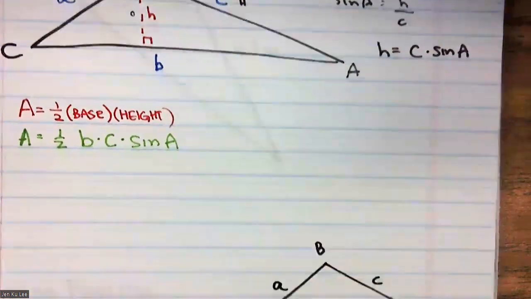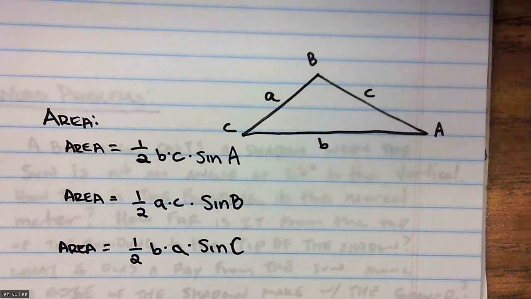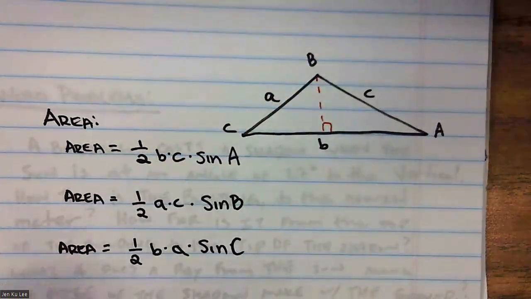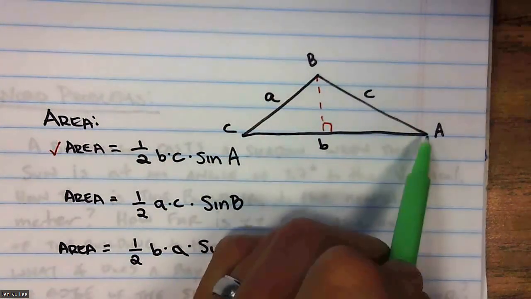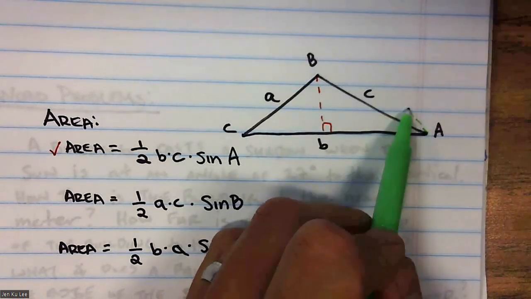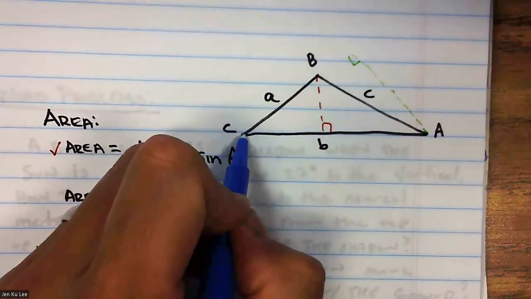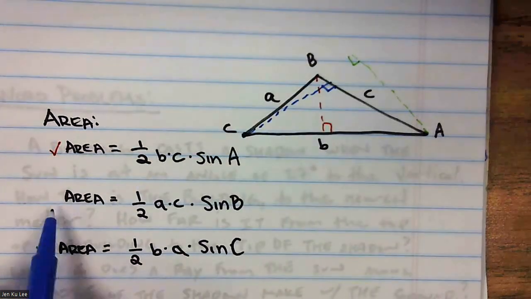So here are the variations of that formula. Okay? So if this was the height here, then this would be my formula. If this was my height here, then this would be my formula. If this was my height here, then this would be my formula.